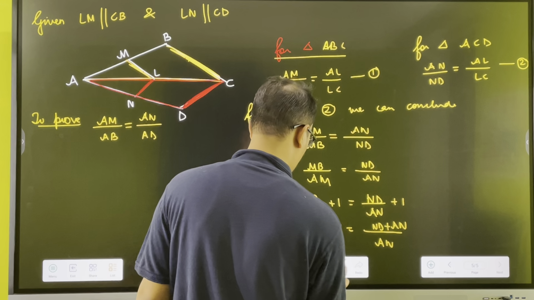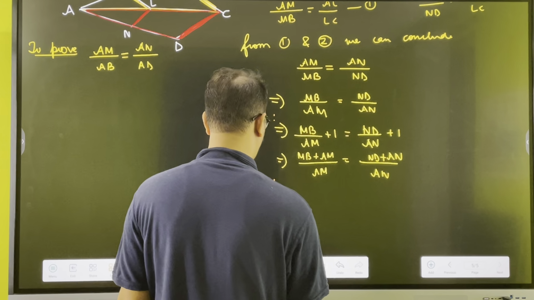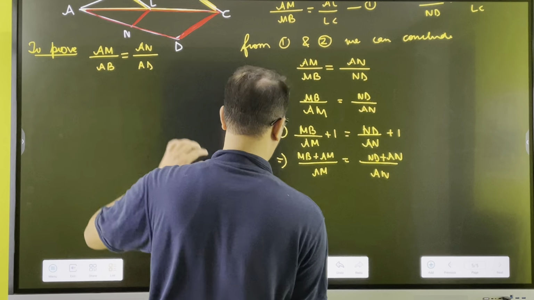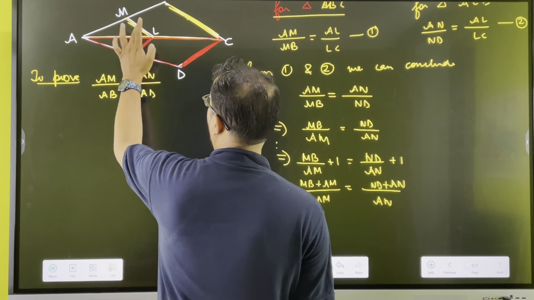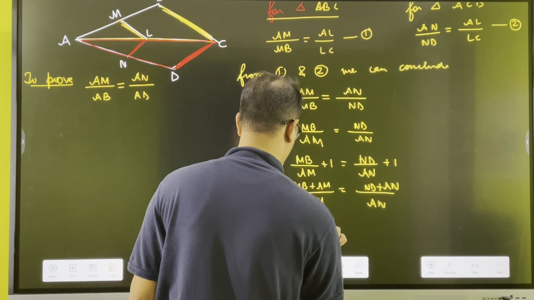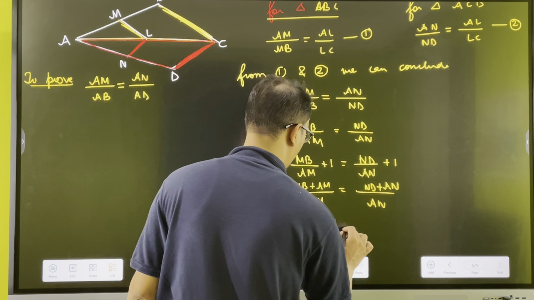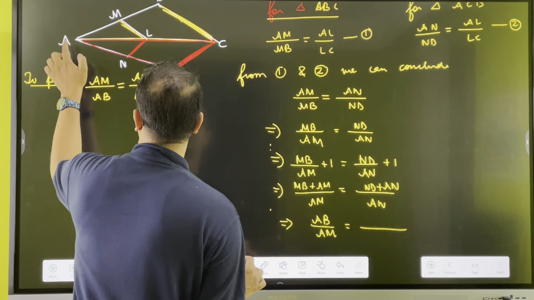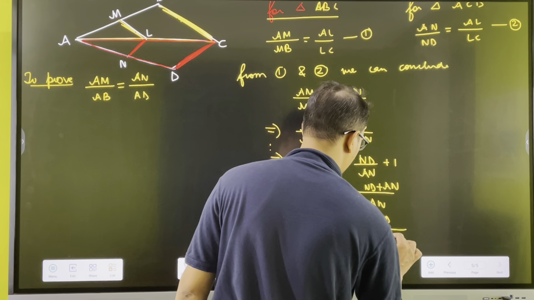Now students, what will this be? MB plus AM is nothing but AB. So this is AB by AM, and ND plus AN is nothing but AD by AN.